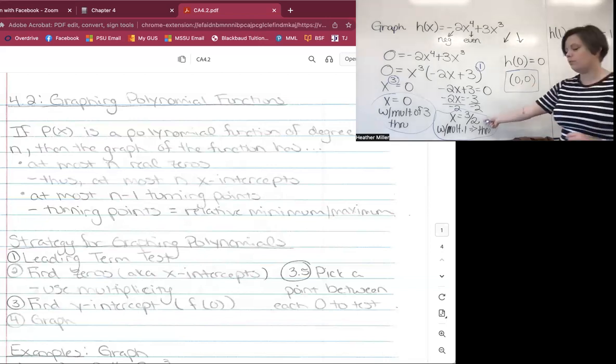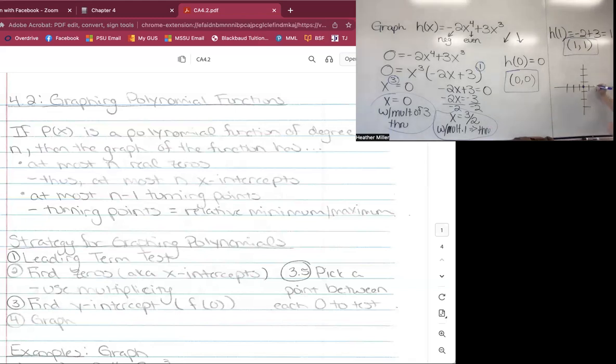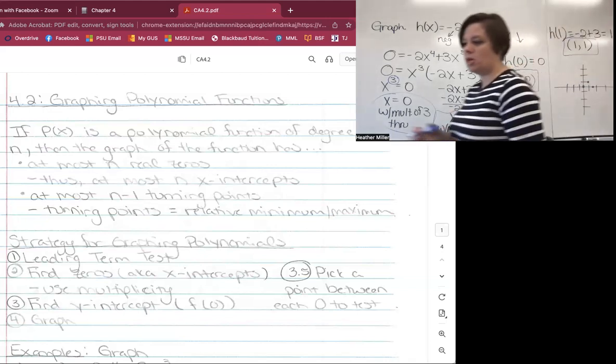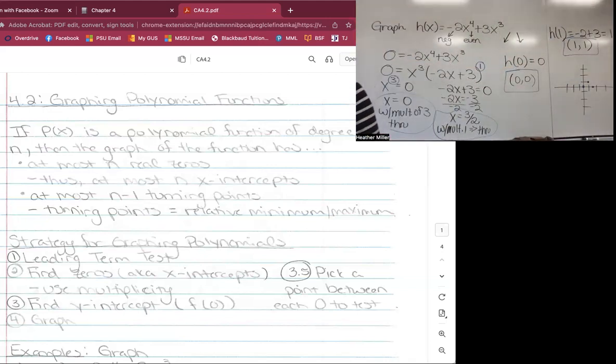I know that I have a 0 at 3 halves, so I'm going to go over 1.5 and put a point. I know that my y-intercept is 0, 0. That's not very helpful because I already have it marked. But I also know I have this other point in here at 1, 1. So I can put that in there to give me an idea of what's going on.